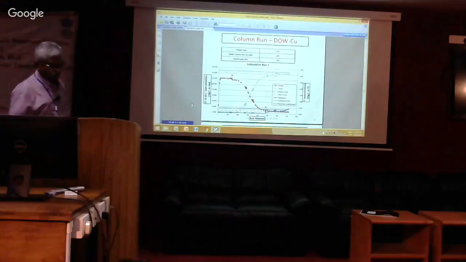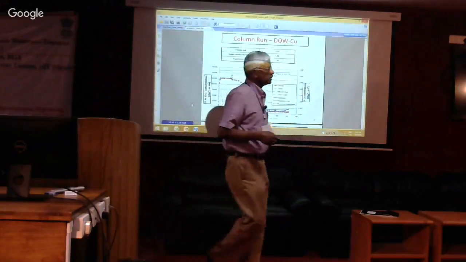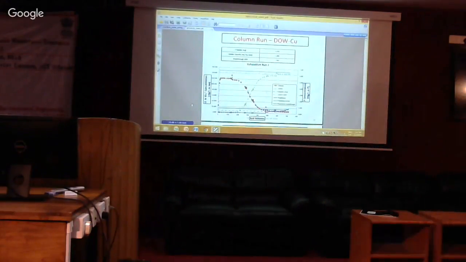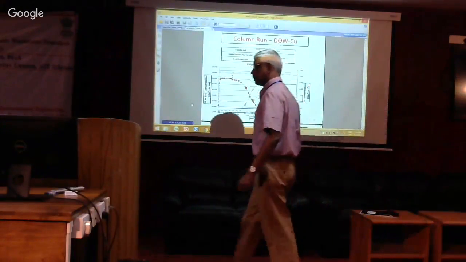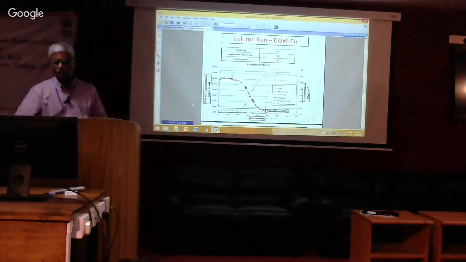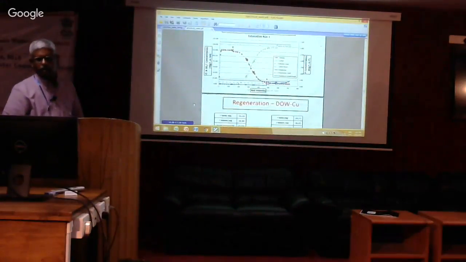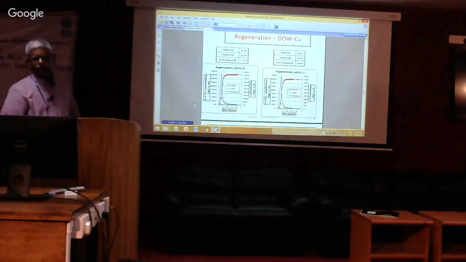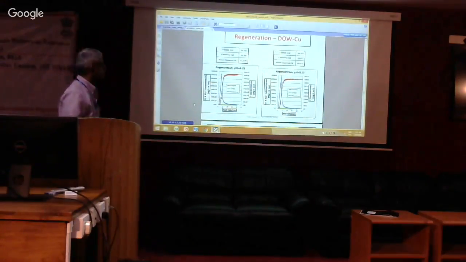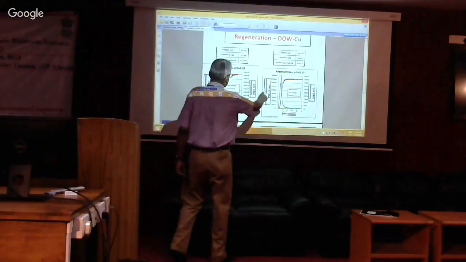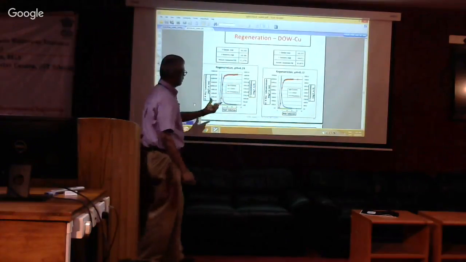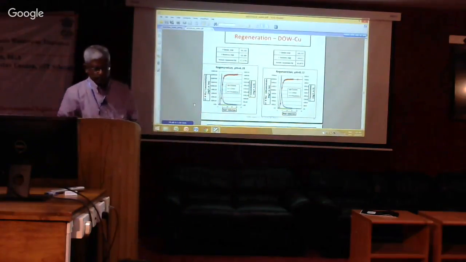So when the column is exhausted, you have to regenerate it. So you will then pass a regenerant. We will use a 2% sodium chloride regenerant, 15 bed volumes.